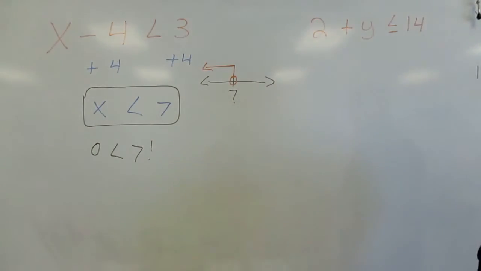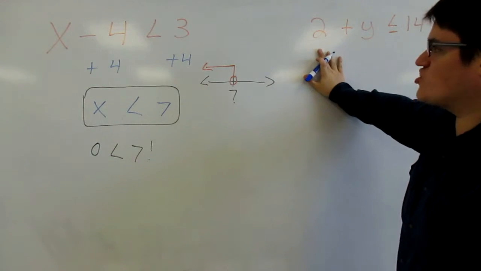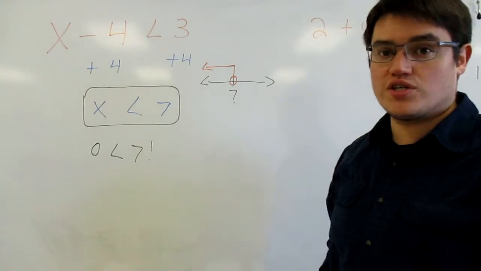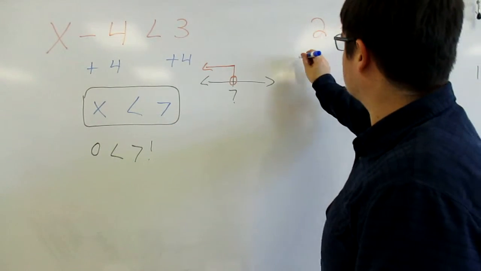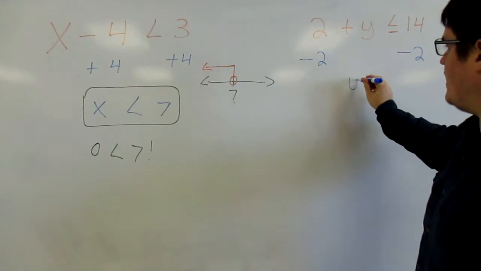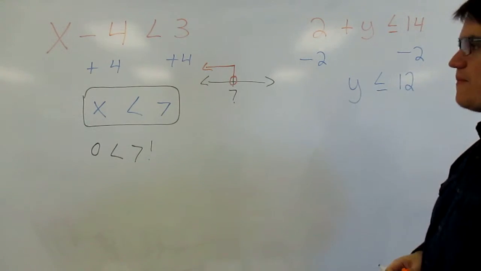Okay, now let's try this one. So we have 2 plus y is less than or equal to 14. Well, I've got to get rid of this 2, so I'm going to subtract it. Well, when we added, nothing changed. Let's see what happens when we subtract things. So now I have y is less than or equal to 12.